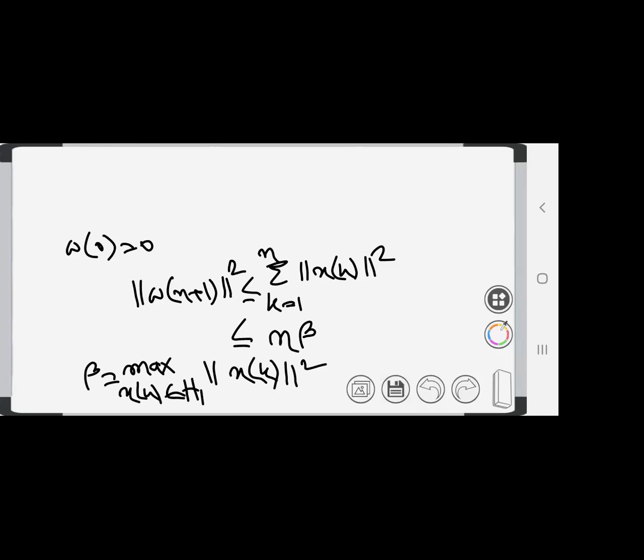This previous equation states that the squared Euclidean norm of the weight vector grows at most linearly with the number of iterations. That is, it continuously goes on with iteration, completely linear. Now, the second result is clearly in conflict with the earlier result we had from the Schwarz inequality.